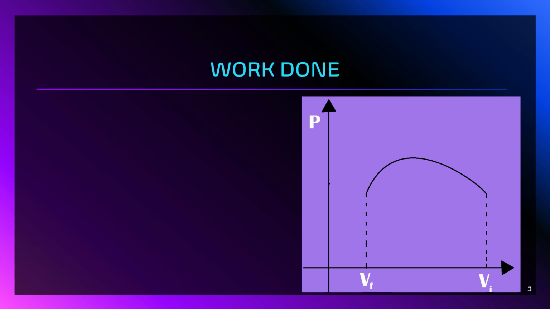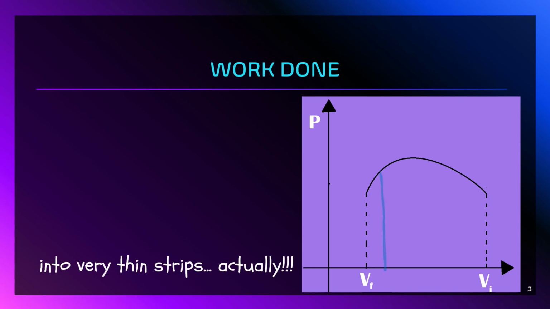For that, I'm going to divide this area into very small strips. Here, the width of the strip is dV, very small. And the pressure at this point, let us take as P1.